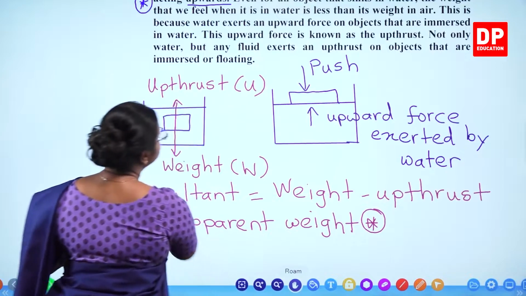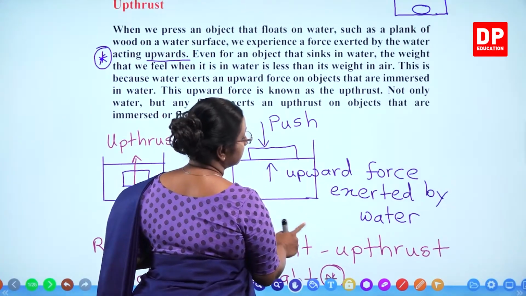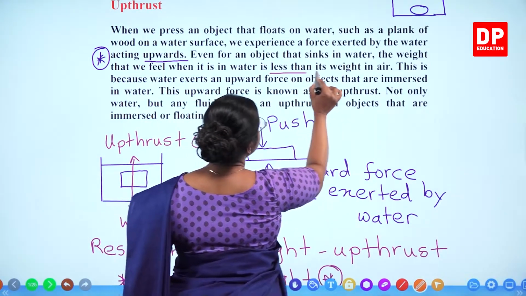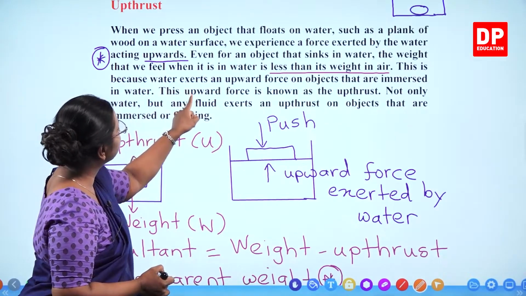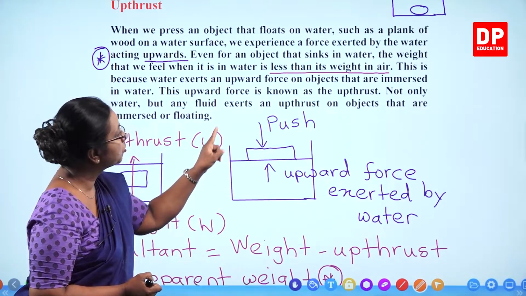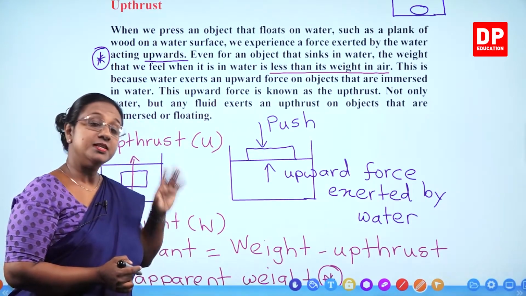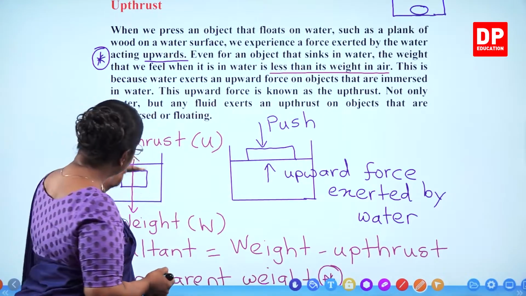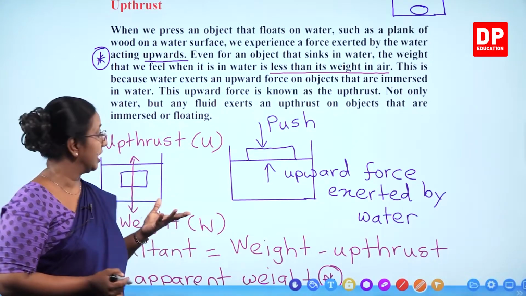So here you can see it is less than its weight in air. This is because water exerts an upward force on objects that are immersed in water. Same thing goes for objects that sink in water also. Even if this object comes to the bottom surface, the same thing.